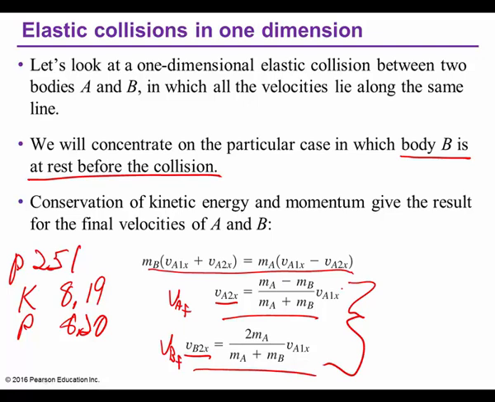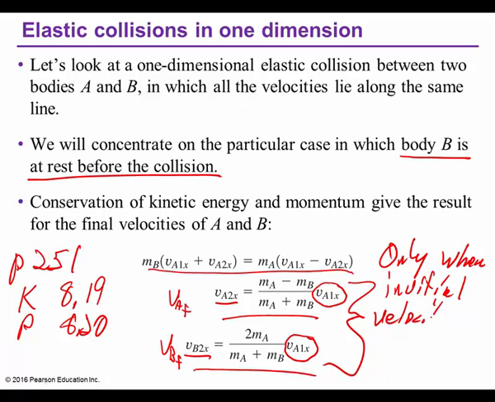Notice on both of these, we use the initial velocity of A. Why? We can't use the initial velocity of B because the initial velocity of B is 0. That's exactly right. So these equations are only for when the initial velocity of B is 0.